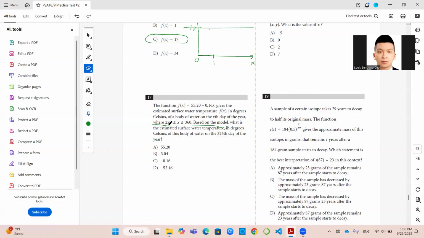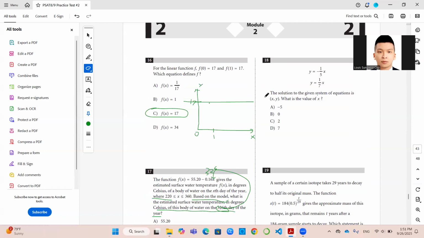Based on the model, what is the estimated surface water temperature in degrees Celsius of this body of water on the 326th day of the year? So you want to put the 326 instead of x. This is a very simple plug and chug. So you'll get approximately B. Put this in your calculator, and yeah.